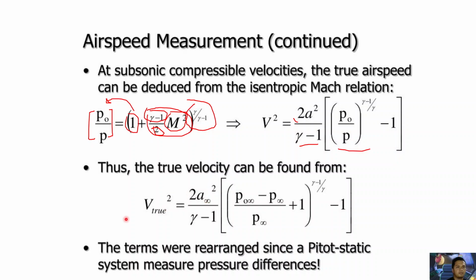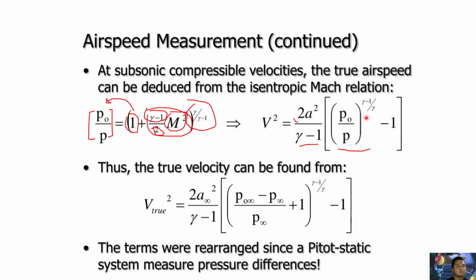For our V true velocity, we have V squared is equal to 2A squared over k minus 1, bracket, quantity P sub O minus P over P static plus 1, raised to k minus 1 over k, minus 1, bracket.